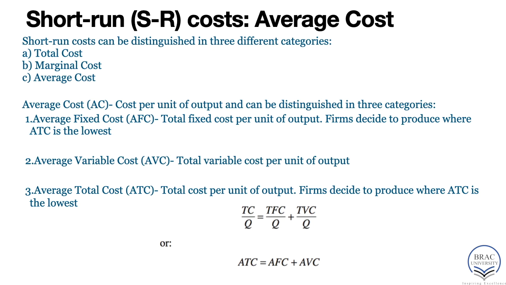And then we have average total cost, ATC, which is the total cost per unit of output. And as you can see, the formula is laid out for you on the slide, which is simply TC or TFC or TVC divided by the quantity. So when you divide them by the quantity, you should get the averages, which basically is the normal and common way to find any averages, and I'm sure you all are familiar with this.